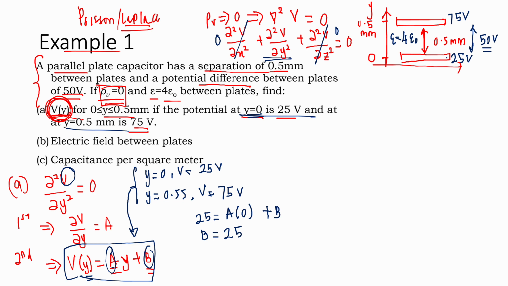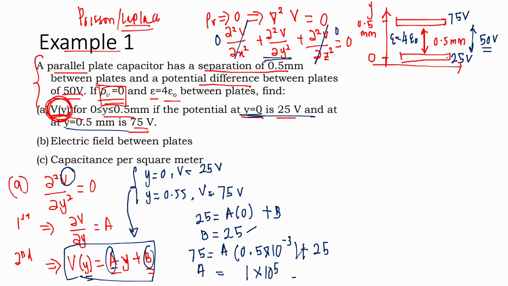Now that we know B, we can obtain A. When y equals 0.5 mm, the voltage is 75. So 75 equals A times 0.5 times 10 to the power of negative 3, because it is in millimeters, plus 25. From here we obtain A equal to 1 times 10 to the power of 5.